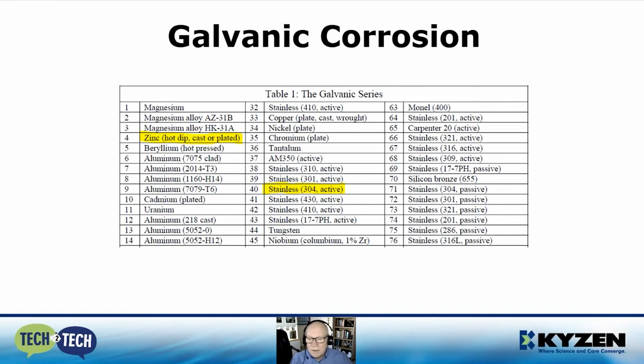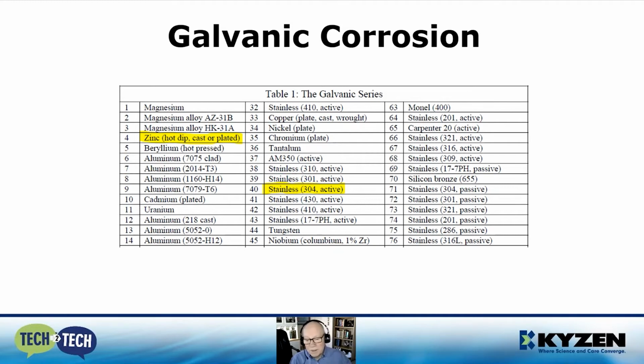I mentioned galvanic corrosion. This is sort of the mystery corrosion. It sometimes takes a while to figure out. Galvanic corrosion occurs when you have parts that are in contact with each other through an electrolyte or a conductive media like an aqueous cleaning chemistry. The metals in the top left or the lower numbered metals want to give off metal ions quicker than the other metals you see.